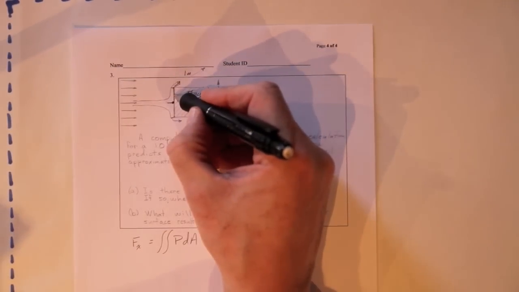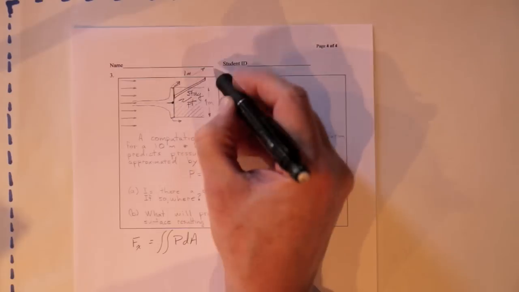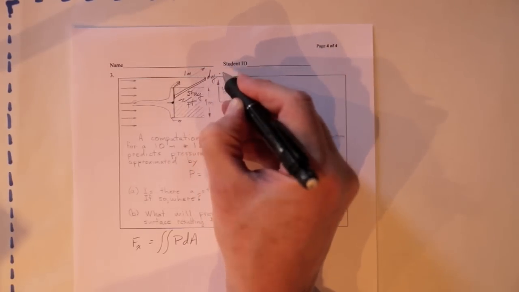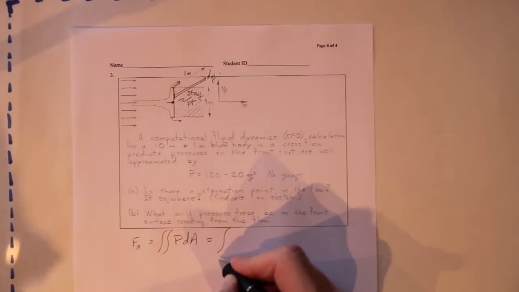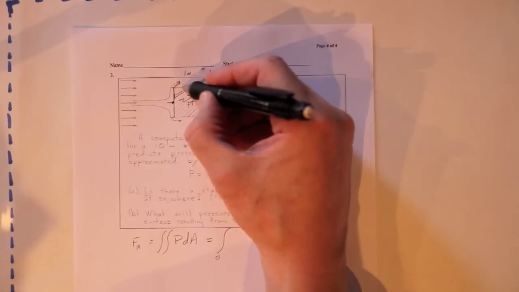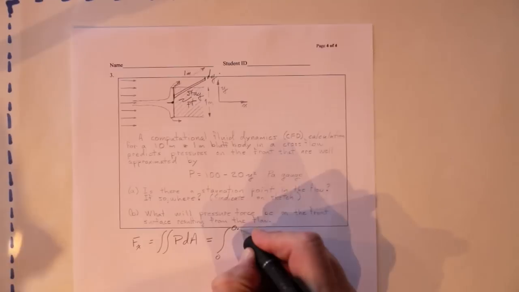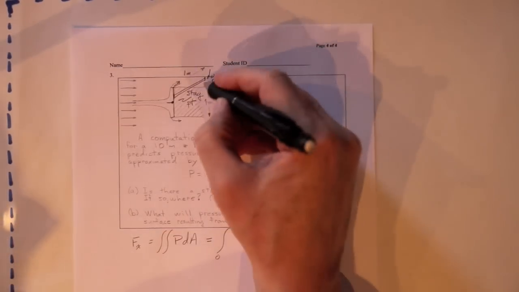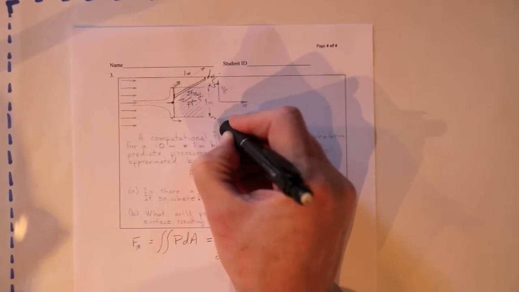The little incremental area will be like this. It'll be 1 meter wide and dy high. So I'll have integral from 0 to, it's 1 meter high, so 0 to 0.5 meters in y. It'll be plus 0.5 and minus 0.5.